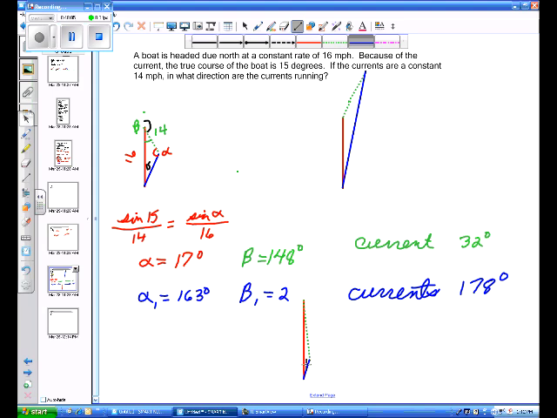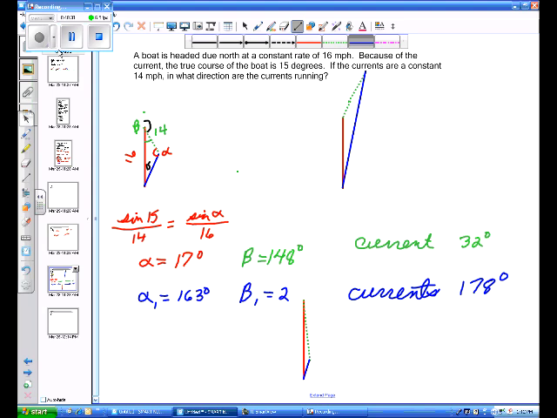And you can actually see from the lengths of the vectors, if I've drawn them correctly, in this way the boat would be slowed down a lot because the boat's going against the current. In this one, the boat's going with the current, and notice it would be sped up. And in some of our later problems, we'll actually see what that does to the speed of the boat.